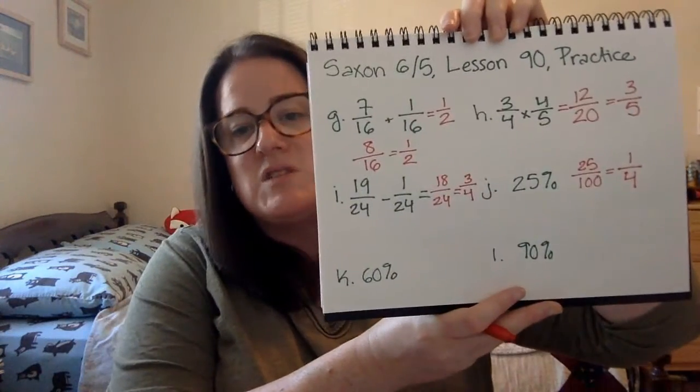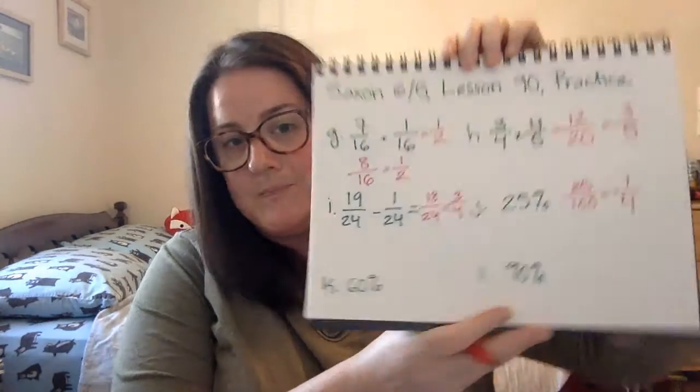That is the equivalent fraction to the percentage. So now I want to reduce that. The greatest common factor between 25 and 100 is 25. So 25 divided by 25 is 1. 100 divided by 25 is 4. So I get the reduced fraction of 1/4.